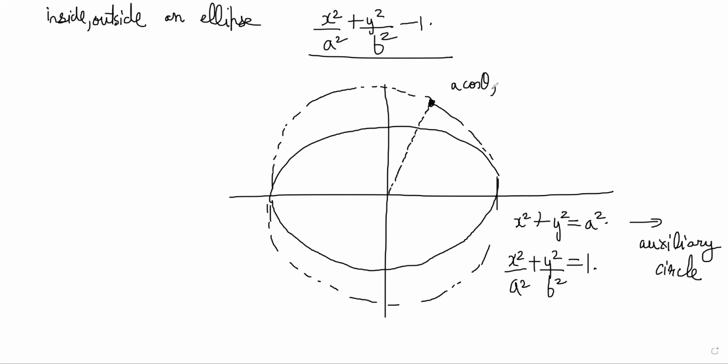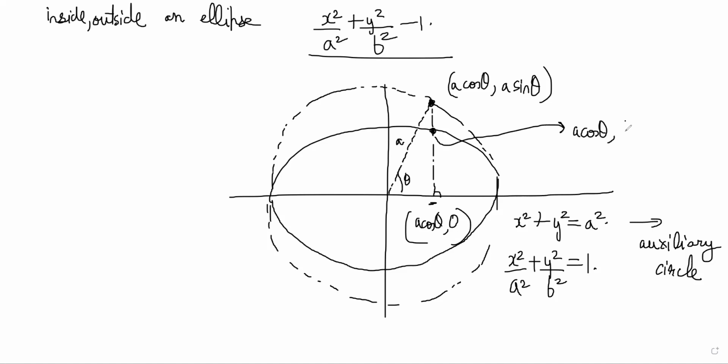And that would mean that this distance is a and this angle is theta. If you drop a perpendicular from there like this, then you would get this point here, which is a cos theta, 0. And this point here would be a cos theta comma b sin theta, right?